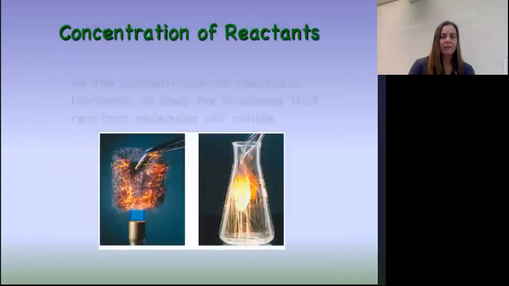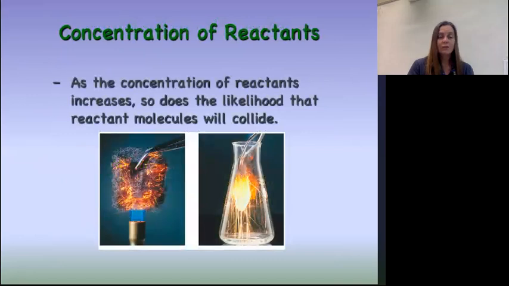So how does concentration of reactants increase the rate of reaction? Well, as you have more reactants, as the concentration gets higher, the likelihood that those reactant molecules will collide gets higher. So if we try to burn steel wool here, it will react, but it's relatively slow. It doesn't burn very fast.